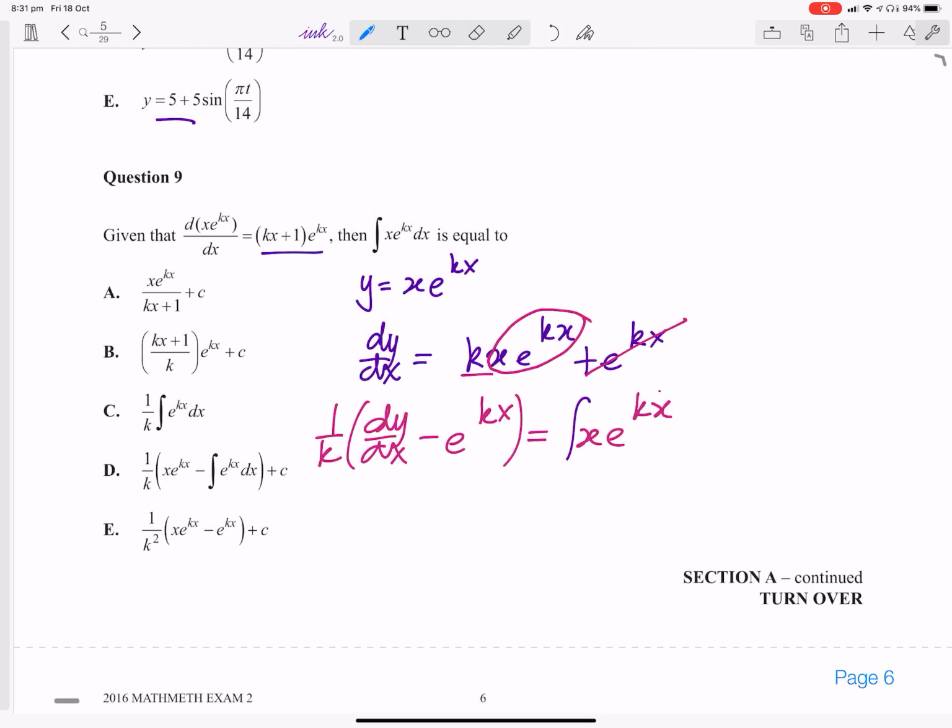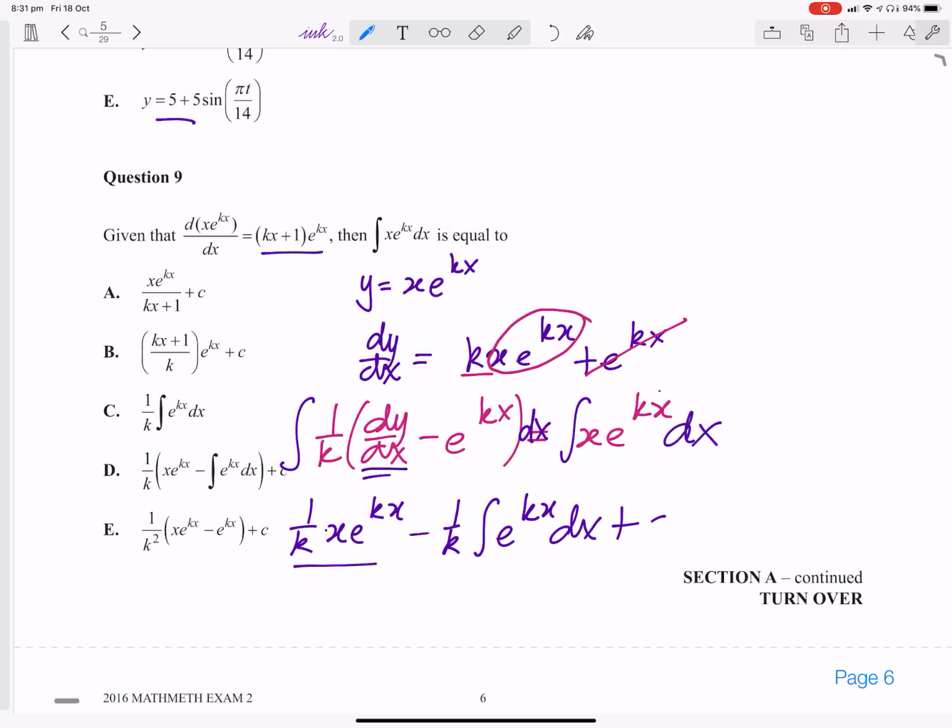From here, if I integrate this side, I've got to integrate this side. So if we integrate dy dx, we're going to get 1 on k times y, but we know what y is. Y is x e to the kx minus 1 on k, the integral of e to the kx dx.